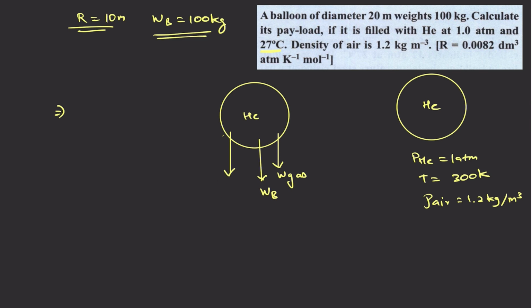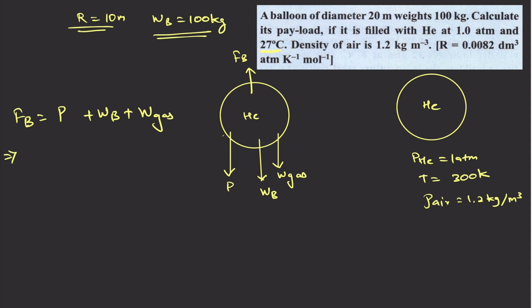Let's call it P, and the upward force will be the buoyant force. Now let's make the equation. Buoyant force will be equal to payload plus weight of balloon plus weight of the gas.